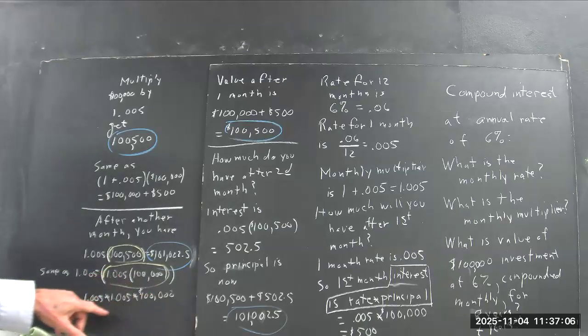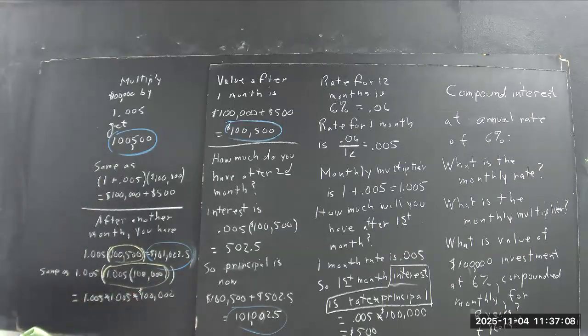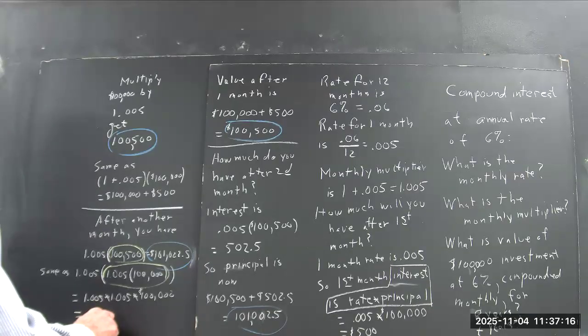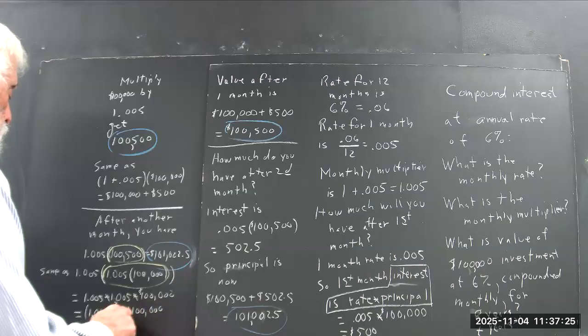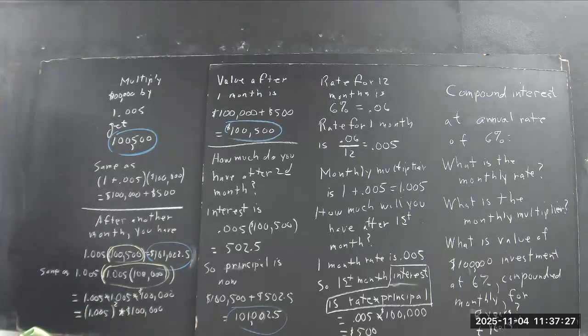These are just all multiplications, so we just write them without any parentheses. That's going to give us the same as just multiplying 1.005 squared by $100,000. Try that.